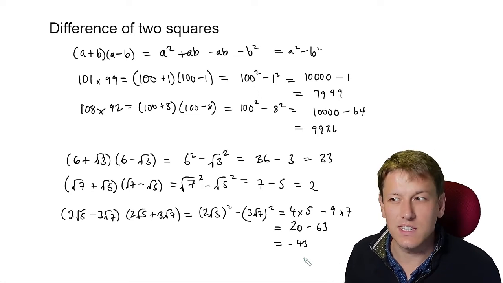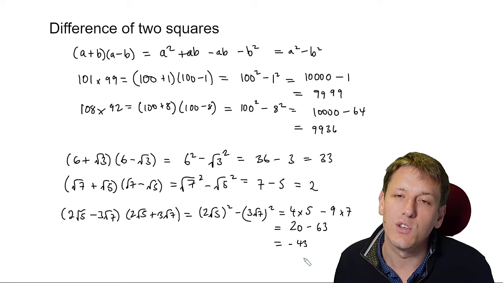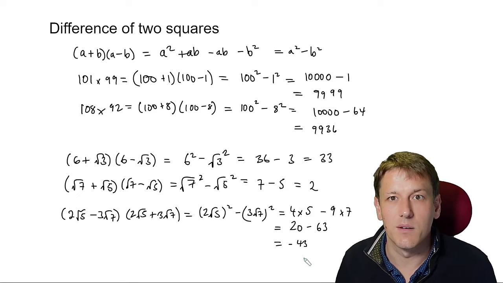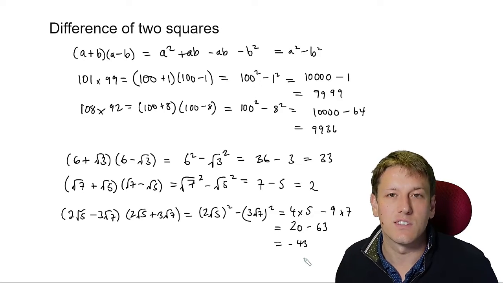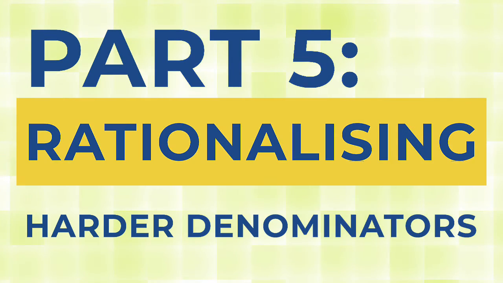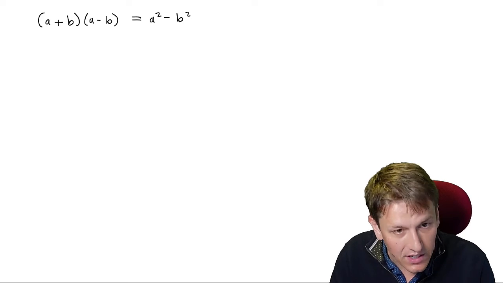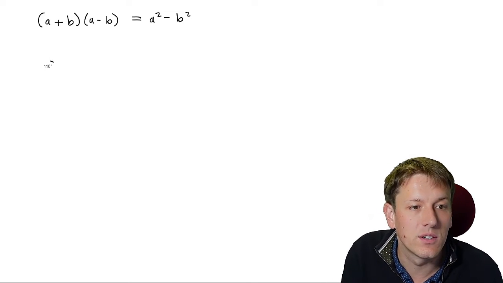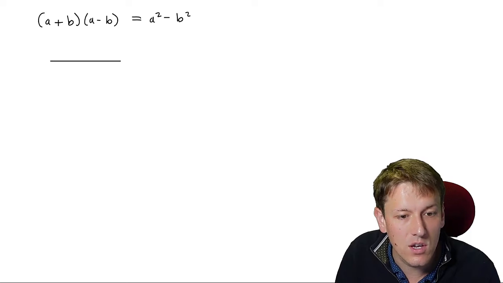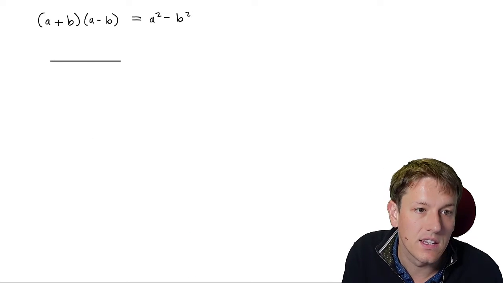So we're going to be using this difference of two squares expansion to rationalize some more surd expressions, including some quite tricky ones. Why does this difference of two squares expression help us so much in rationalizing surds? Well, it helps us deal with this case where we've got something a bit more complicated in the denominator.